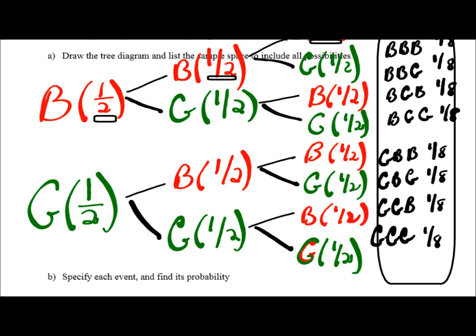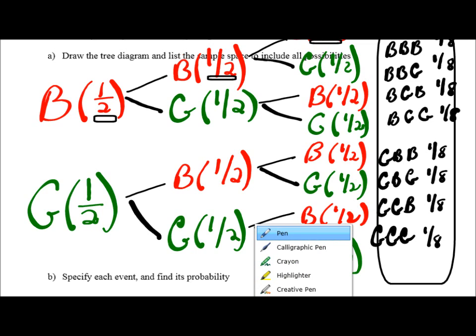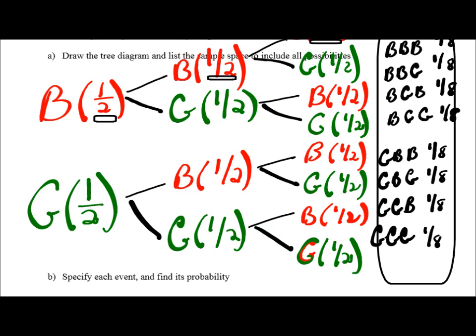At least 1 boy happens in several of these sections here. There's at least 1 boy there. Remember, at least means 1 or more. So at least 1 boy in all of these cases, and in fact, 7 out of 8 times there's at least 1 boy. So probability of at least 1 boy is 7 out of 8.